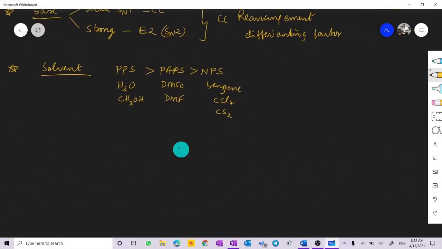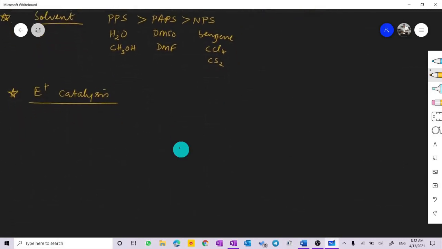Then the next point, there are many factors like electrophilic catalysis. When you add an electrophile to an elimination reaction, that will catalyze the formation of the elimination.